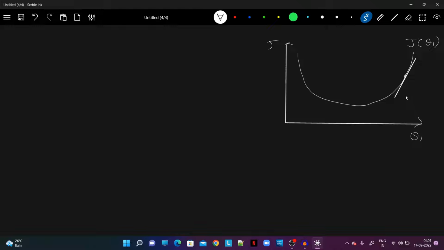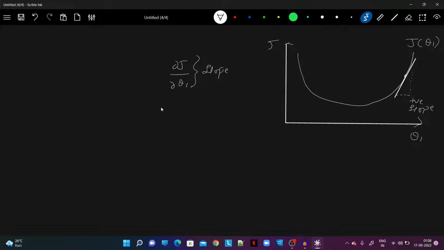So here, if you see, it is basically a positive slope. And when we learned about derivatives, we know that del J over del theta 1 is basically nothing but slope.